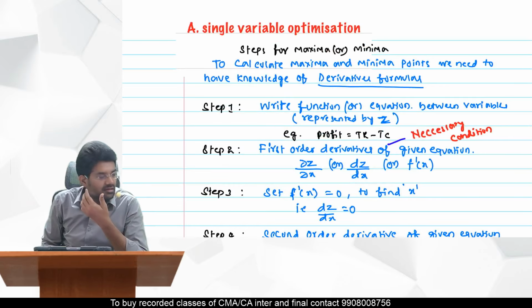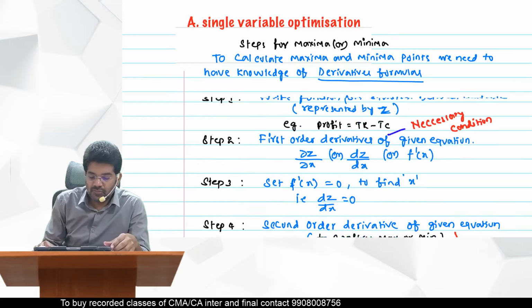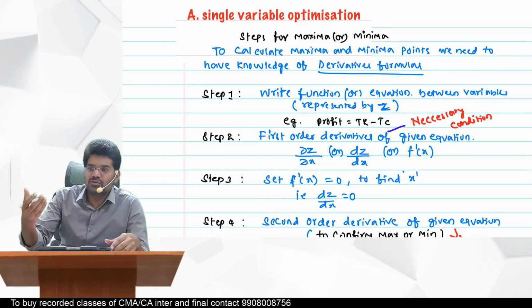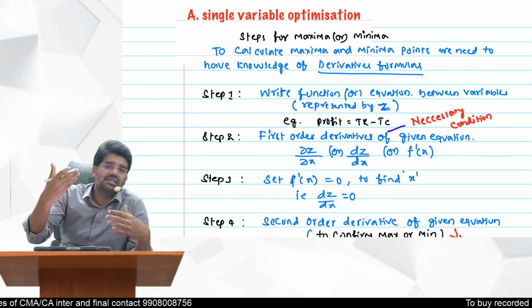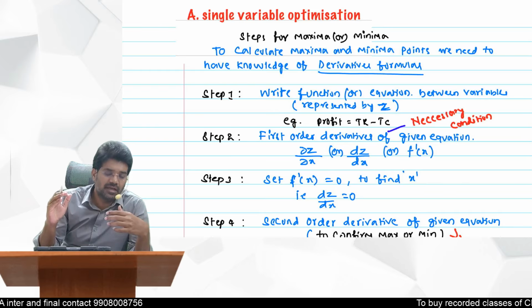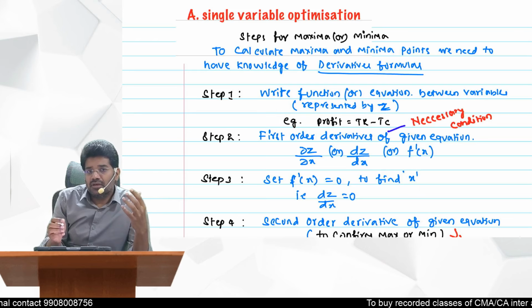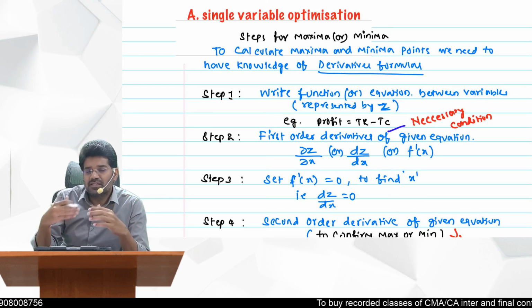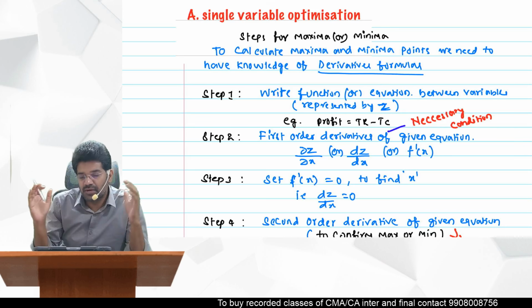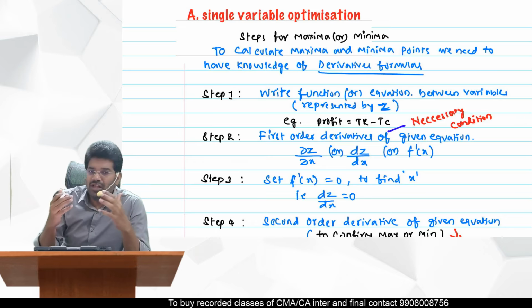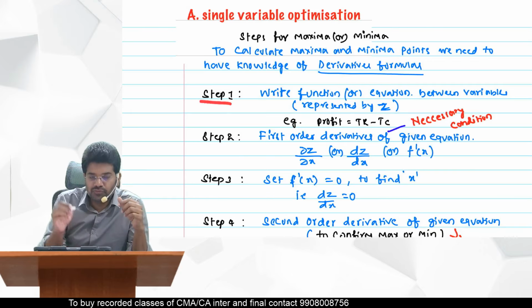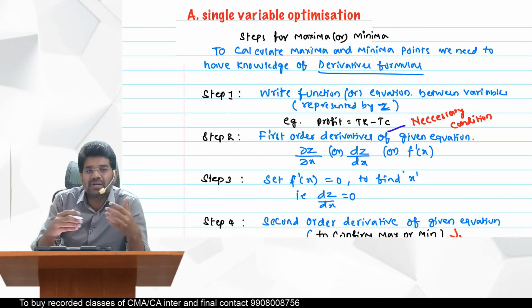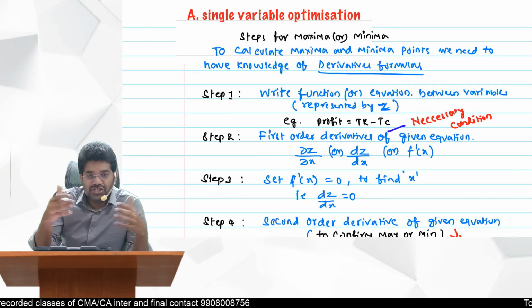Single variable optimization, what are the steps involved? So here also, what is our objective? Optimization means what? Initially I told you, finding out maxima or minimum, right? So if you want to get this maxima or minima, as I told you earlier, we are applying derivatives. So what are the steps involved to get this optimum points? Step number one is, first you need to express the relationship between the variables.